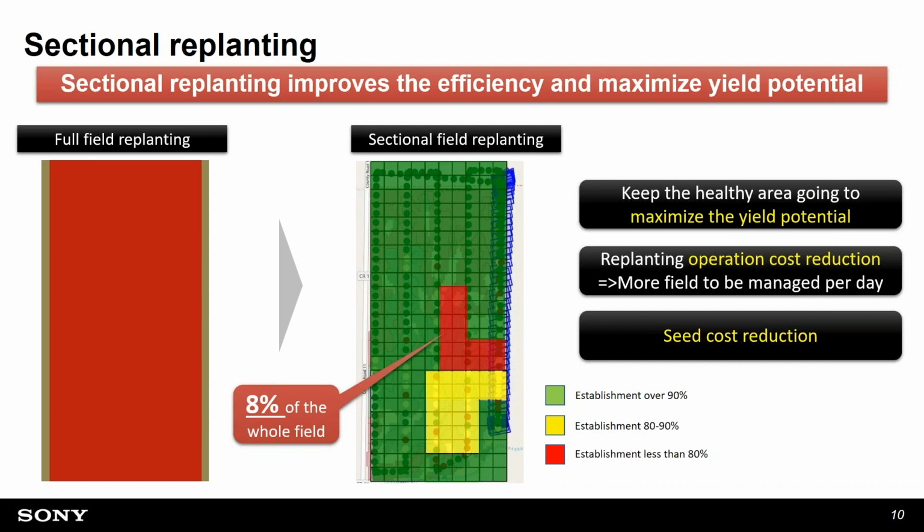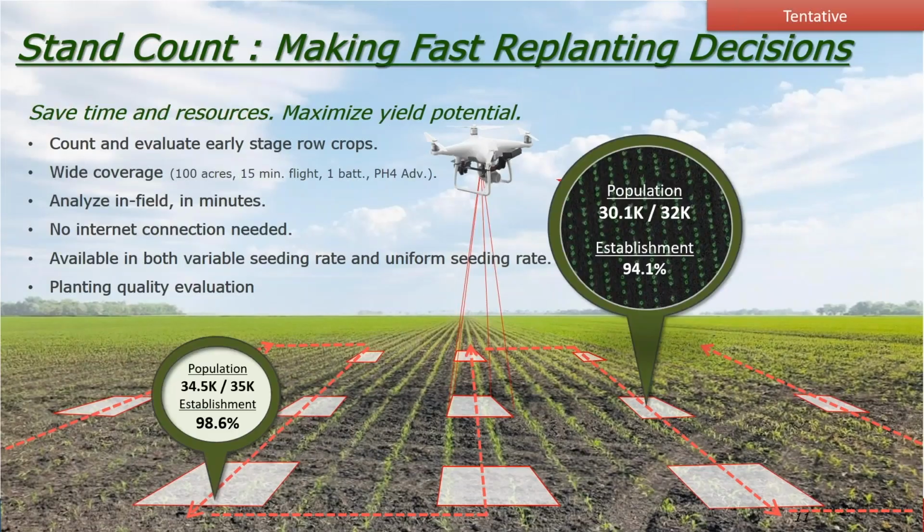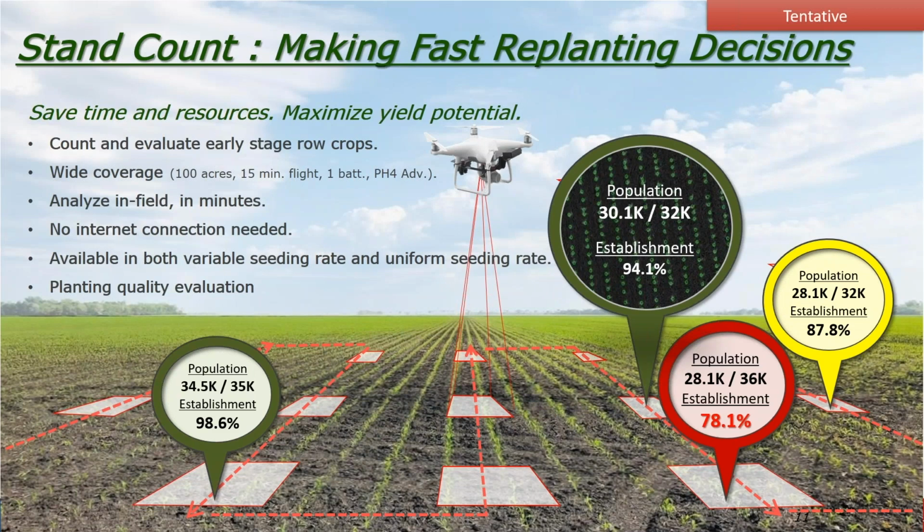Now, to achieve this sectional field replanting, you need good coverage of sampling across the fields. And if you increase the number of sampling locations, then it's always a challenge how to count effectively in a quick manner. This is why we developed a solution to support sectional replanting.